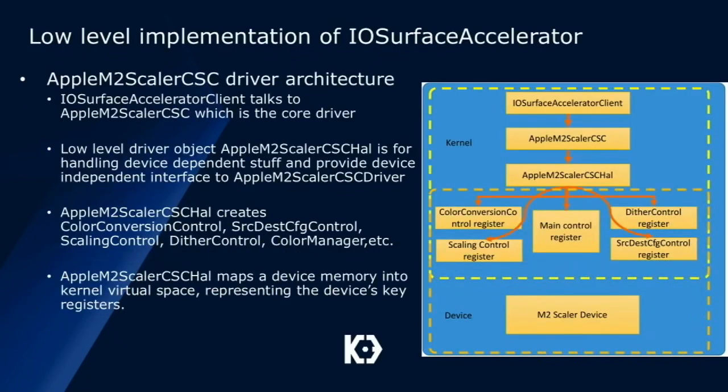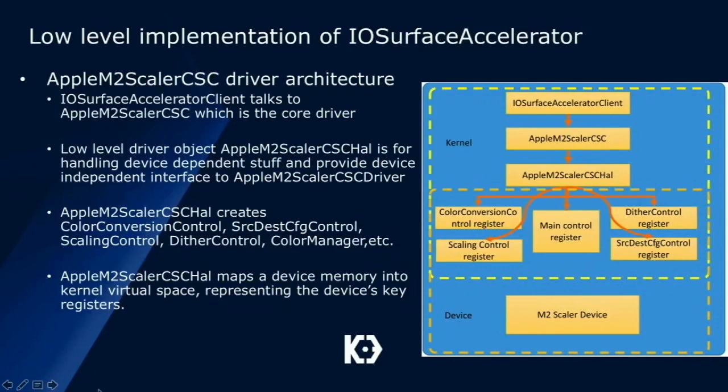And here is the low-level implementation of the IO Surface Accelerator. On the top side, you can see there is an object called IO Surface Accelerator Client. And the next component is the Apple M2 Scalar CSC, which is an upper-level driver, and it talks to the HAL, which stands for hardware abstraction layer, and the latter handles the device-dependent stuff and provides the device-independent interface to the driver.